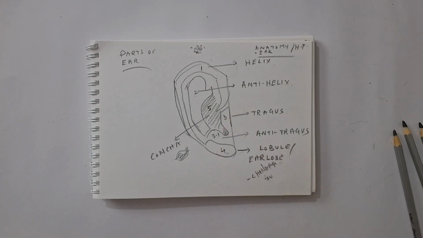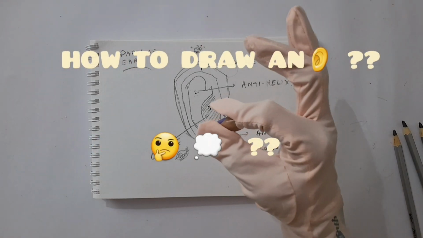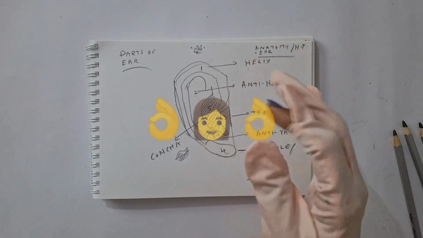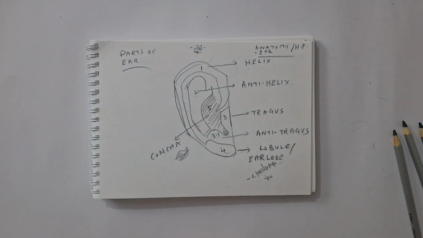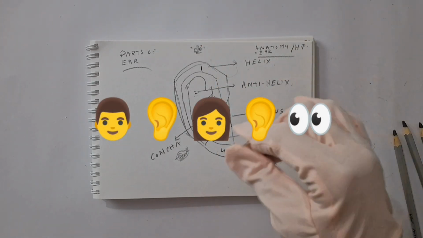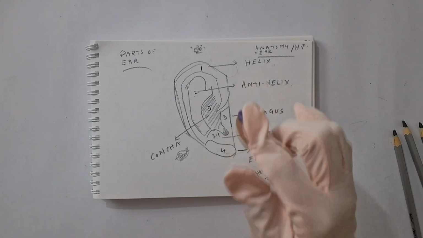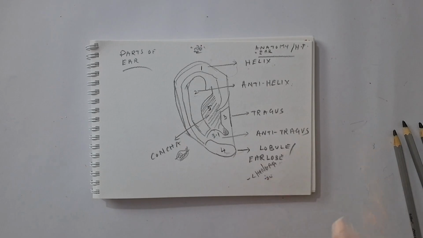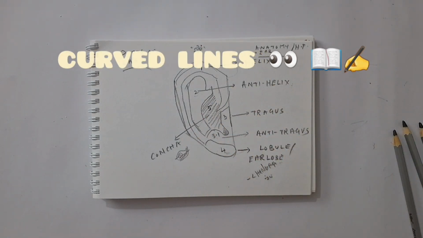Now for drawing it. It should be drawn perfectly well. That beautifies the face. Then how to draw? Observe your friend's ear. Sketch it and draw it. Observe carefully the curved forms, curved lines and draw. Be careful.